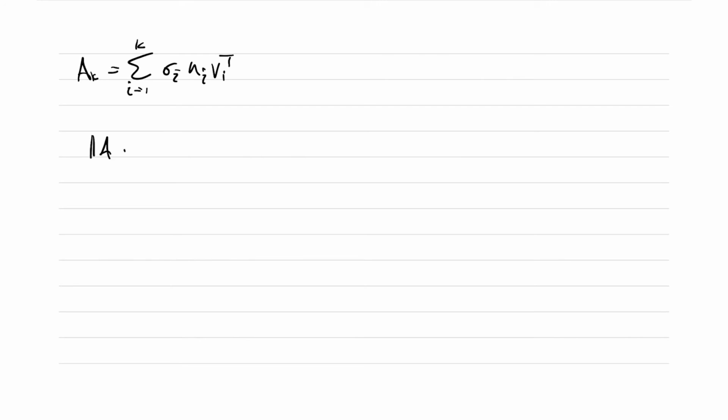What we have is A minus A_k, and since A can be written like this but with an n up here, this is the sum from i equals k plus 1 up to n of sigma_i u_i v_i transpose. Just like what we talked about before, the largest singular value here is going to be sigma sub k plus 1.